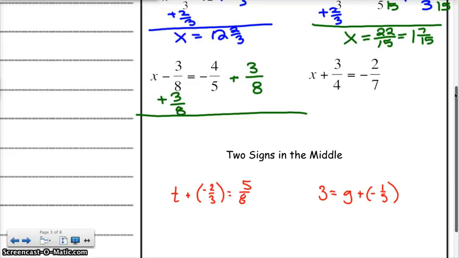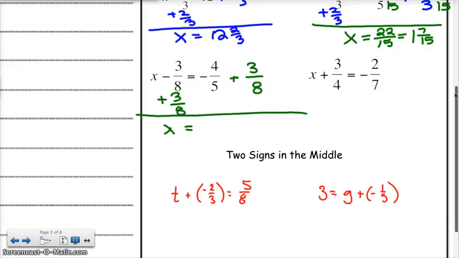This is so ugly, and that's okay. x is equal. Now, I have a negative and a positive. Remember our rule, if you add opposite signs, you take their difference and then determine what sign it is. So I have to actually subtract these two. I do the biggest, not looking at the sign, the biggest one, take away the smaller one. 4/5 would be bigger than 3/8 because it's really close to the whole, and this isn't even to a half yet. So I'm going to actually go 4/5 minus 3/8, and then it's going to be a negative answer.